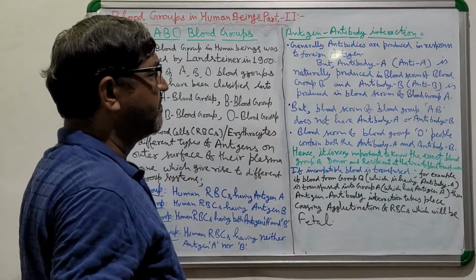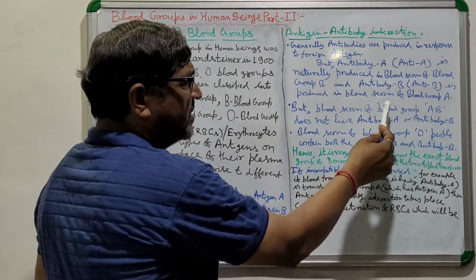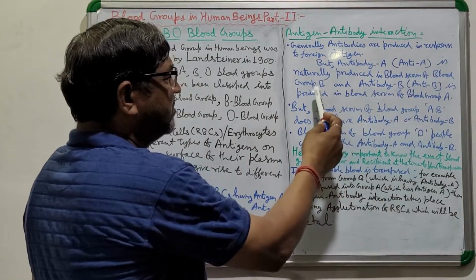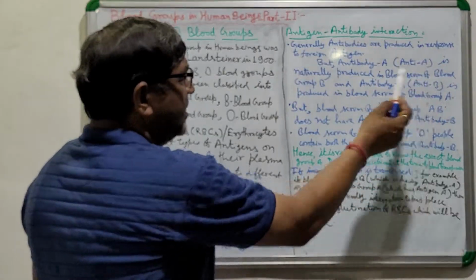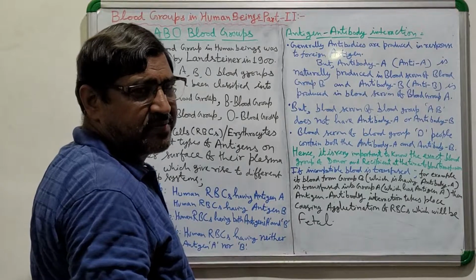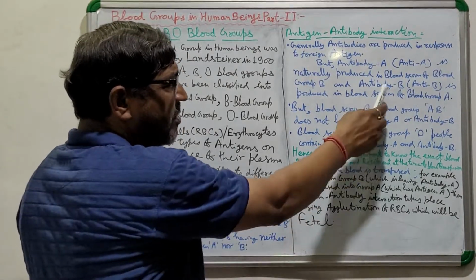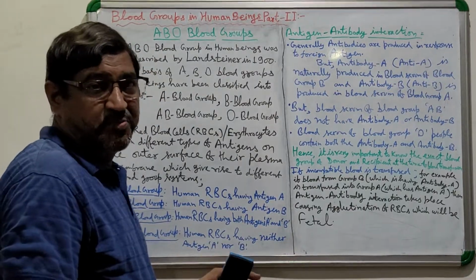Likewise, antibody B is produced in the blood serum of blood group A. Blood group A serum is having antibody B. Naturally it is produced.